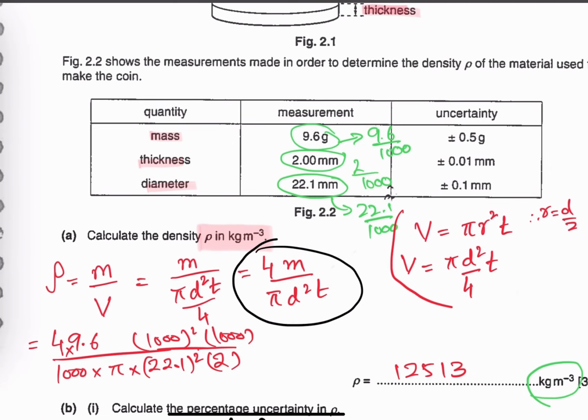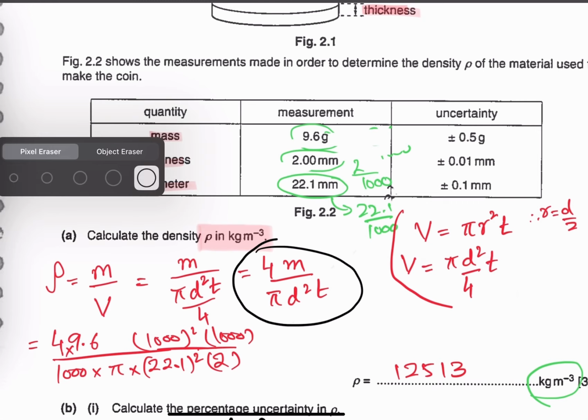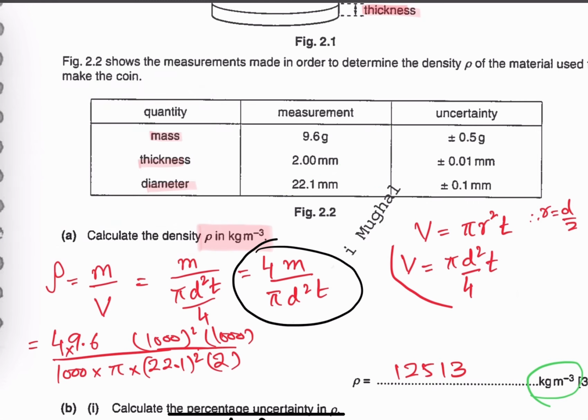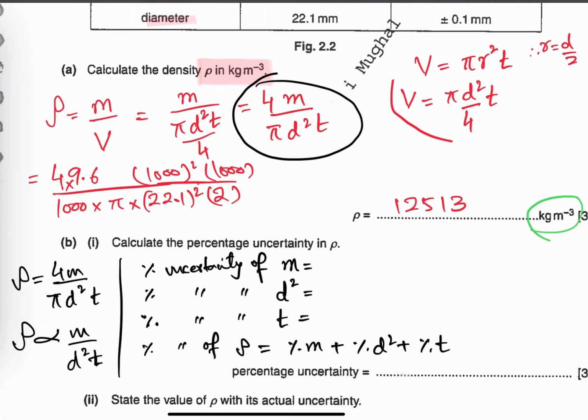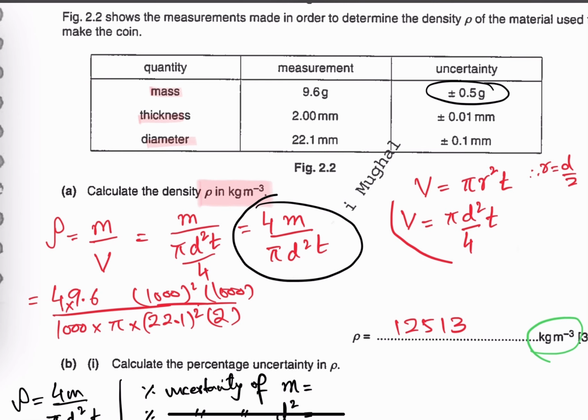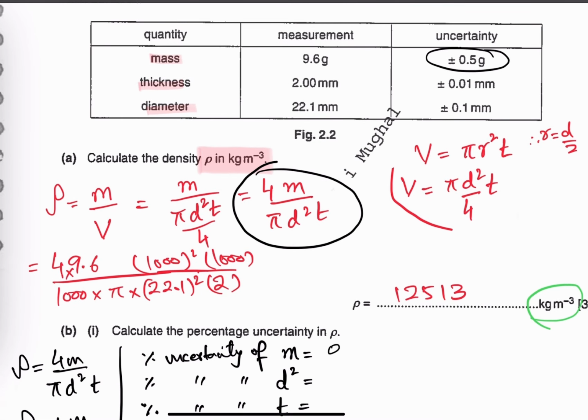For the percentage uncertainty, you don't need to convert the units. We can use any units, the answer will be the same. For mass, the uncertainty is 0.5, and the measured value is 9.6.